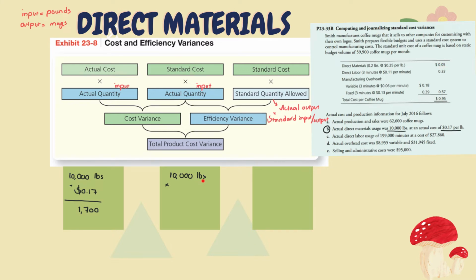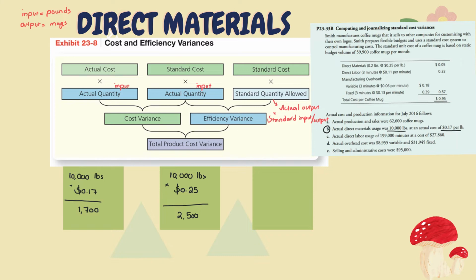Since I'm using pounds, I need to multiply it with cost per pound, so I'm going to use the 25 cents per pound. As we said at the beginning, the data given there is standard, so this is budgeted, and here is the actual data. So 10,000 pounds multiplied by 25 cents per pound is 2,500.